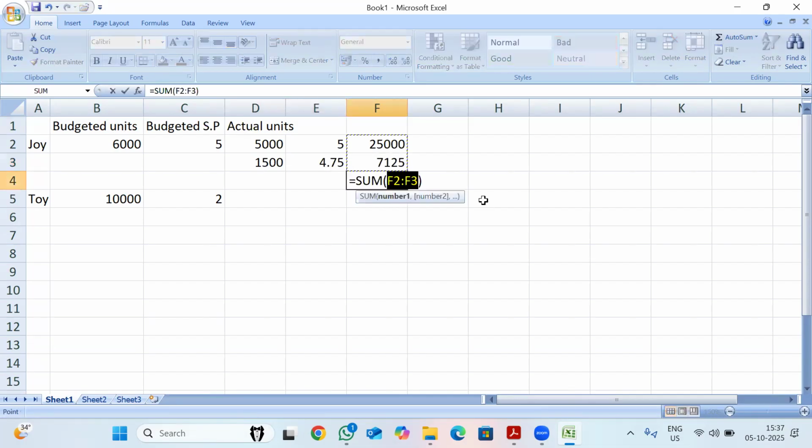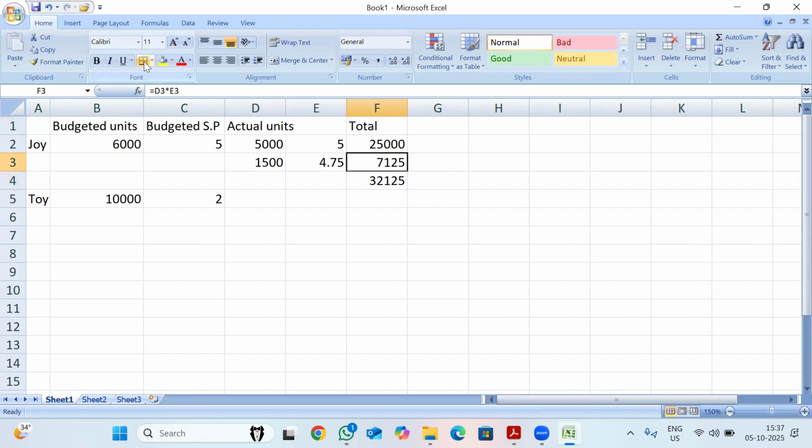So total actual sales will be 32,125. This is the actual sales value.